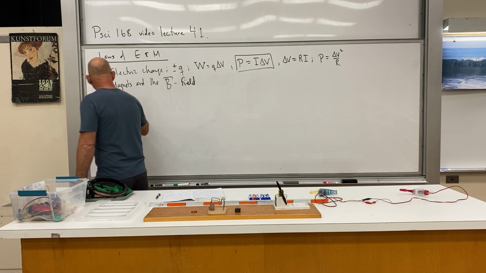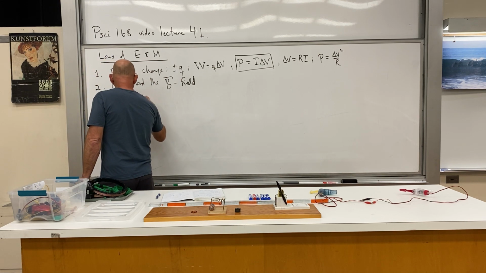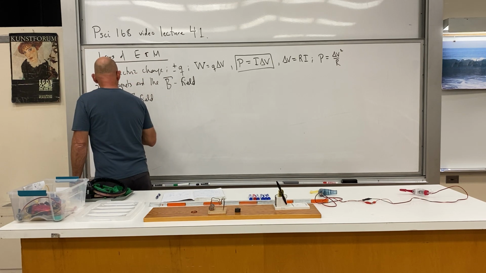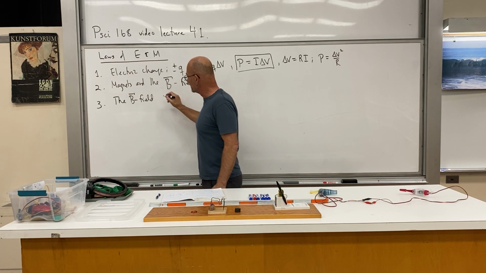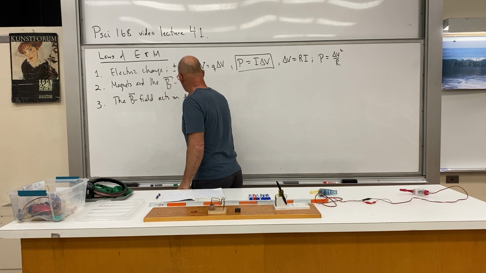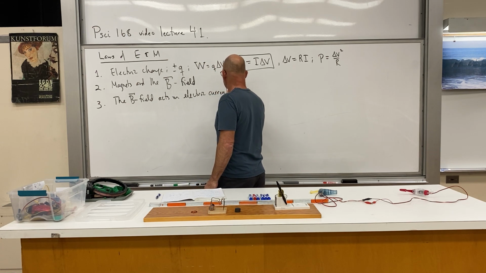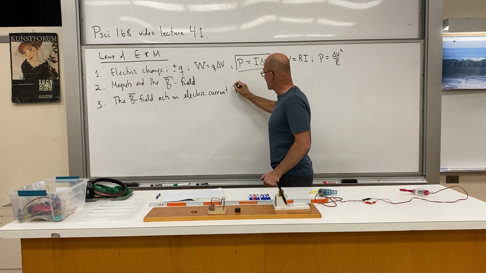And we learned that the B field, so if you have a magnetic field around, it will act on a current. So it acts on electric current, which we know we have the letter I for.